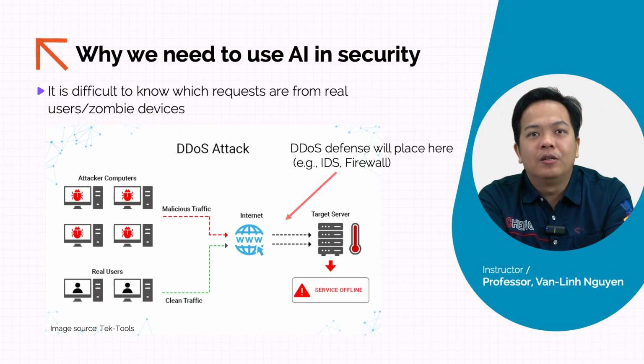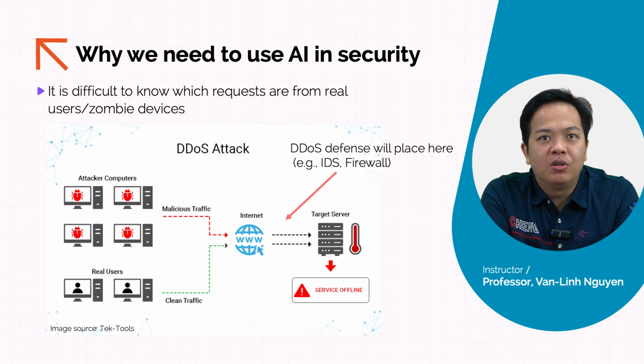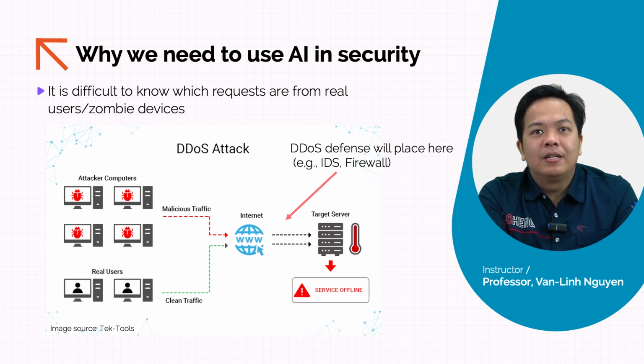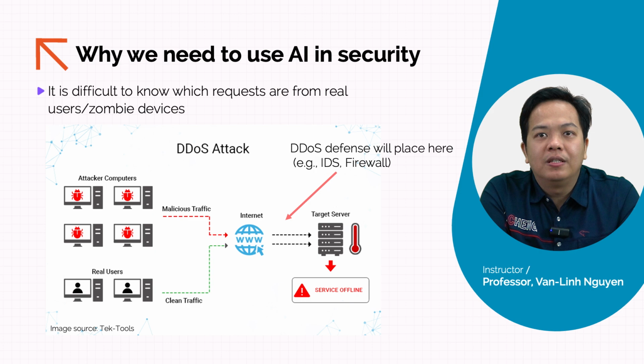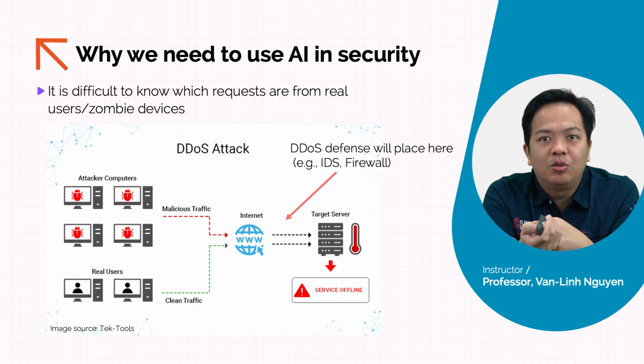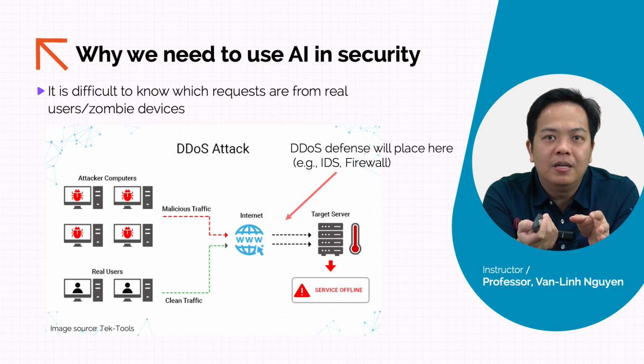And here is one example. It's very difficult to know which requests come from a real user and which from a malicious one, right? In practice, when we launch a denial of service, we can have malicious traffic mixed with clean traffic, because a compromised computer just becomes part of a zombie network or botnet.